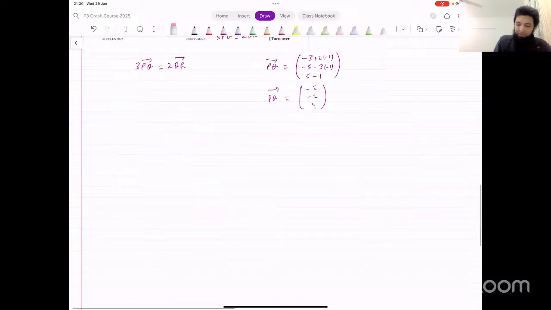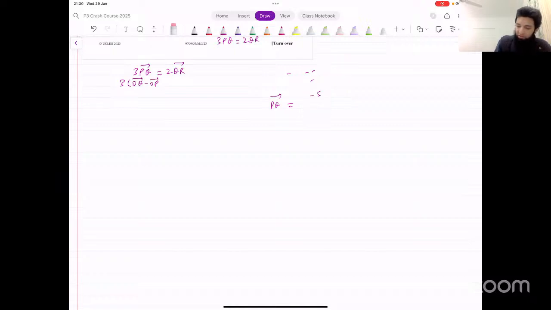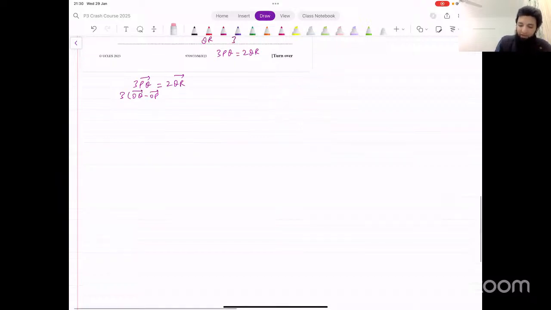So you're basically saying we could write this as 3 times OQ minus OP, if we don't want to use this as well, and just input everything at the very end. This could be another way, like we did for the last question. 2 times OR minus OQ. And now we make OR the subject first of all.